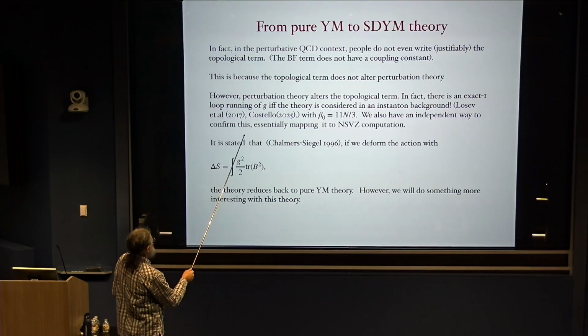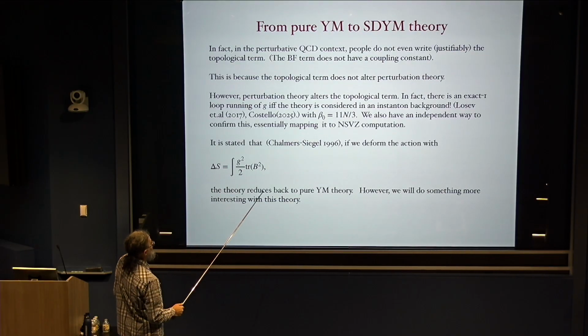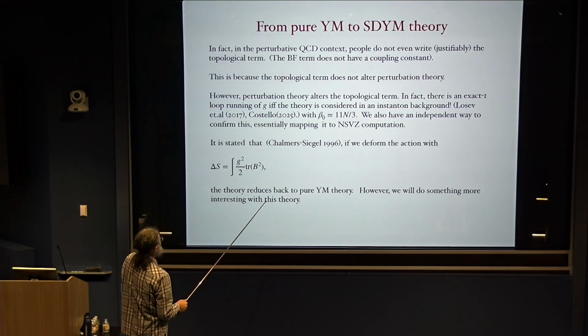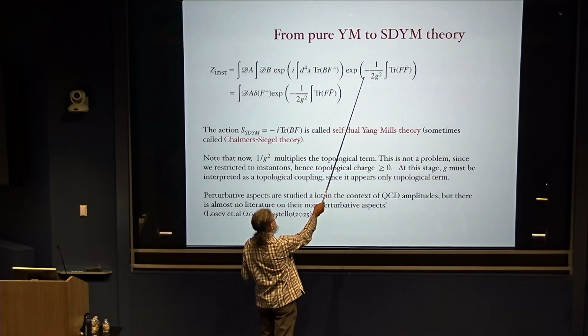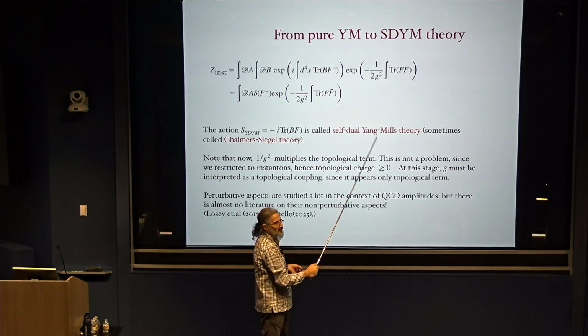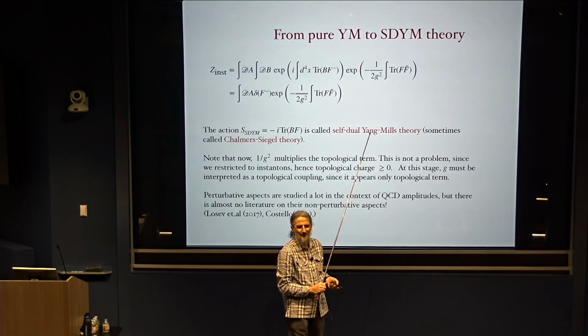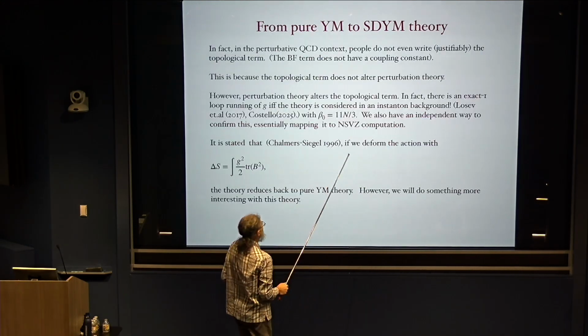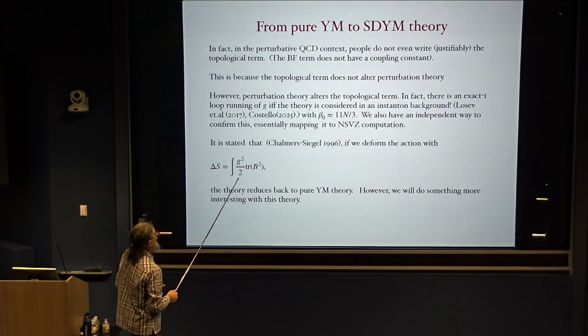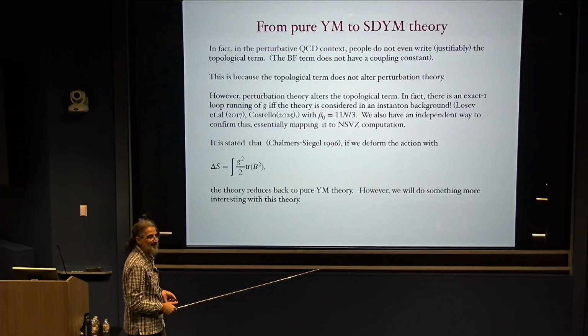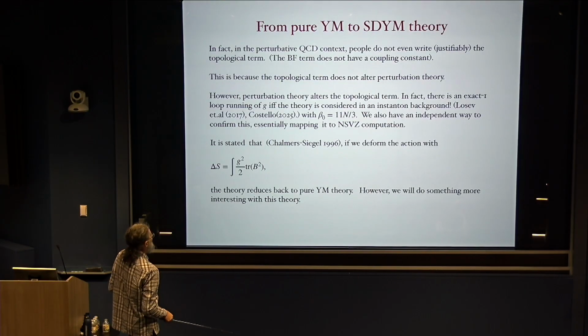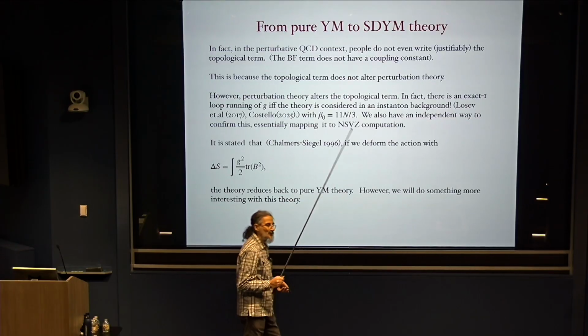In the perturbative QCD context, I must say one thing. People do not even bother to write this term. They just write this part. They do not even bother with this term because it's topological. It will not enter perturbation theory. And remember, the BF term does not have a coupling constant. It's a classically scale invariant theory. However, there is something very funny.